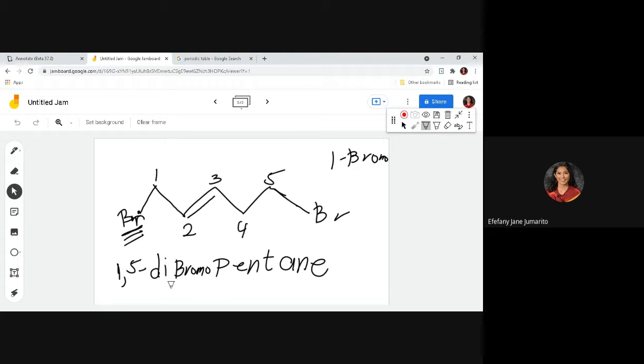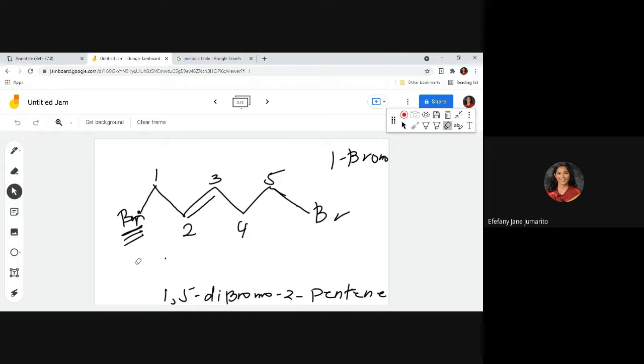So we have 1,5 dibromo 2 pentene. That is correct, class.